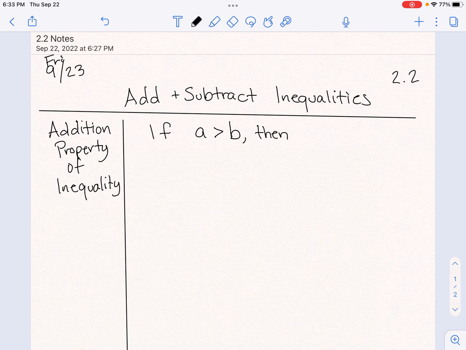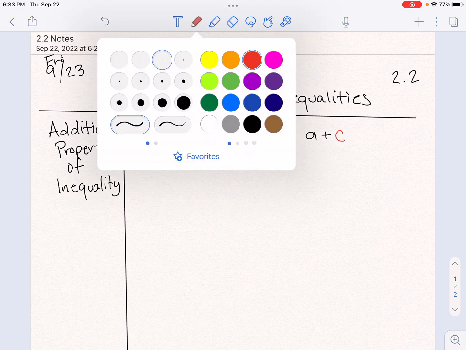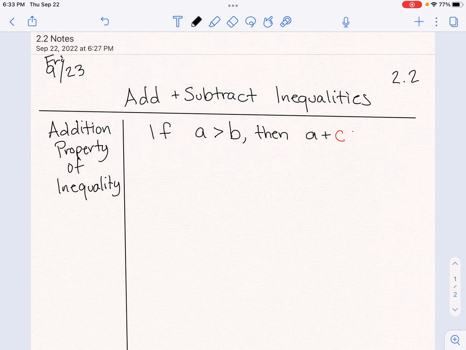So then A plus C is still greater than B plus C. So if we add the same thing to both sides, it'll still stay equivalent, meaning that the left side in this example is greater than the right side.